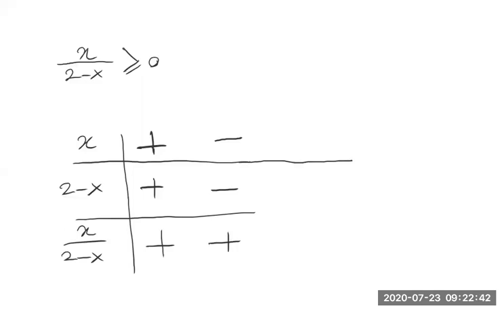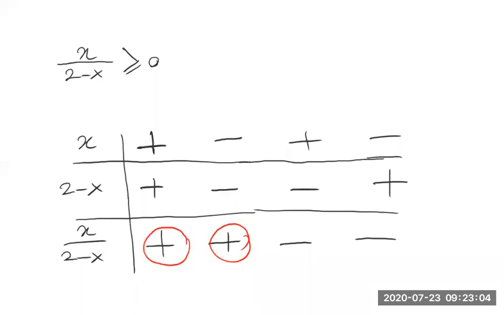If one of them is positive and the other one is negative, for example, if x is positive and 2 minus x is negative, the result of this fraction is negative. And if x is negative and 2 minus x is positive, the result of this fraction again is negative. These are two cases which we are interested in. And these are the two cases which we are not interested in. Now, there is a way to solve these kind of questions.